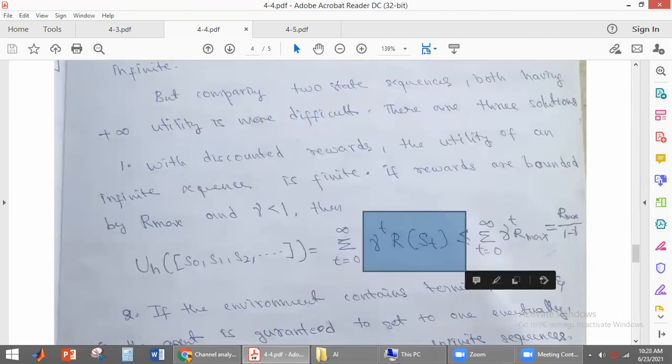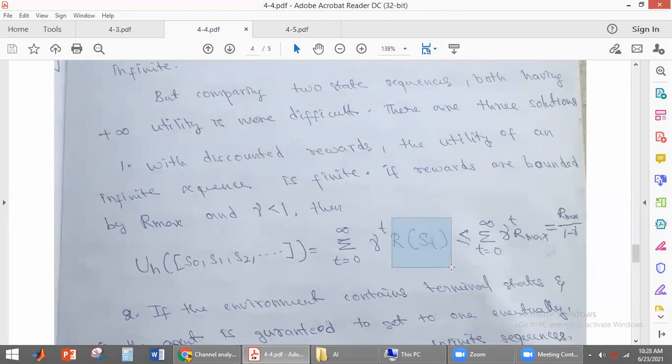Here, for example, the reward of each and every state, R of S_t, is bounded by some value R max. And we know gamma value will always be less than 1.